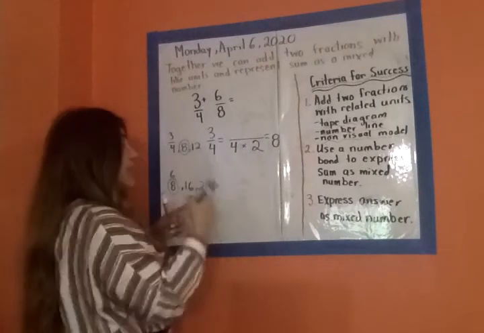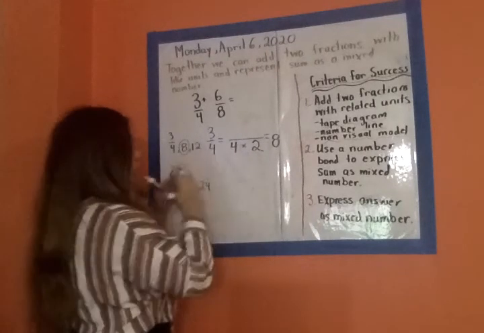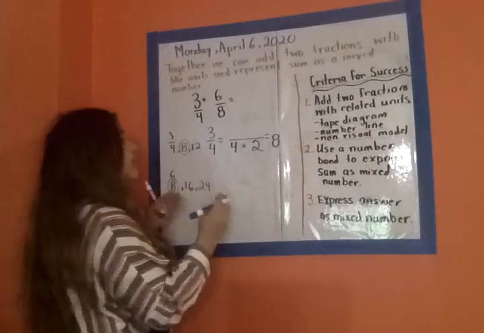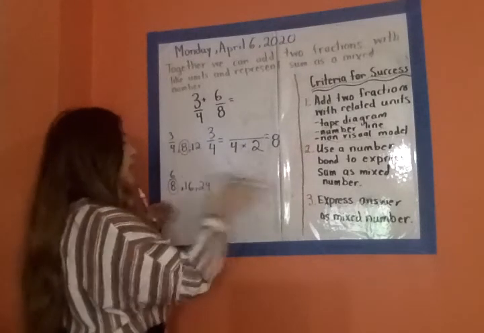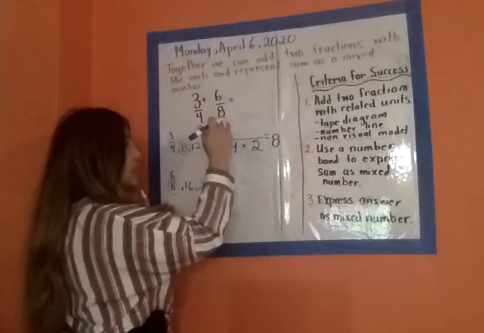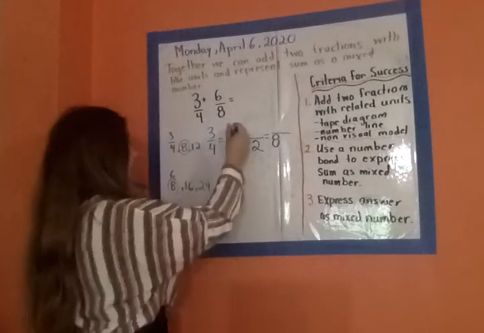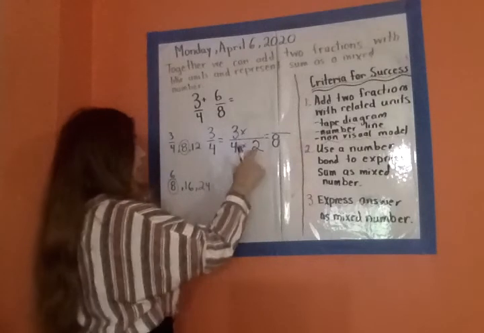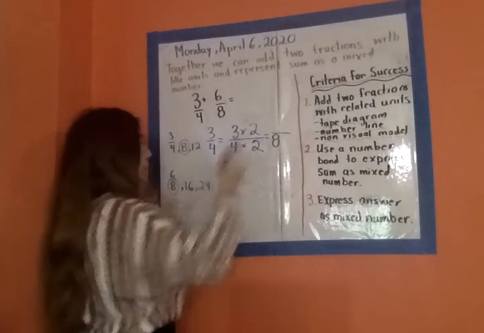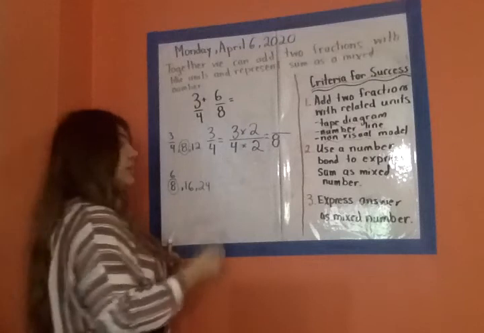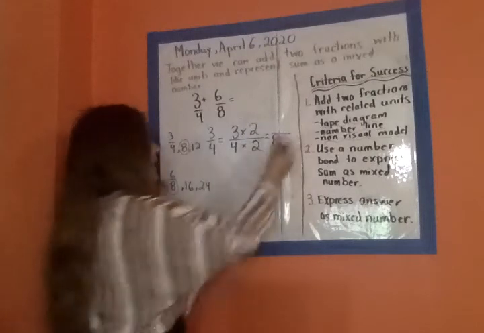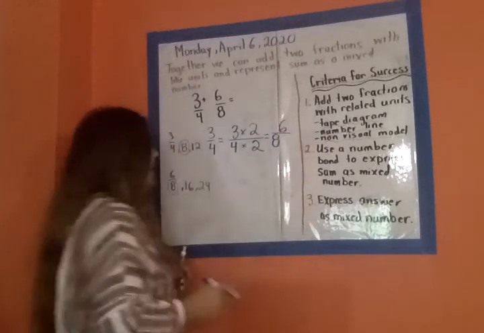Always remember, whenever we come up with an equivalent fraction, whatever we multiply the denominator by, we need to multiply the numerator by. So 3 times 2 equals 6. Awesome.